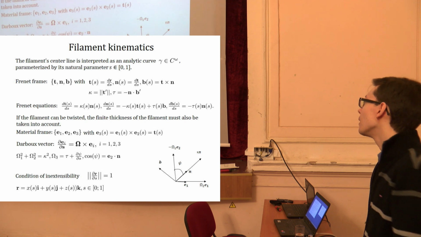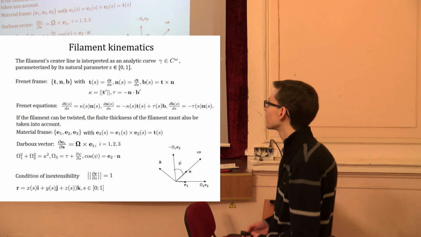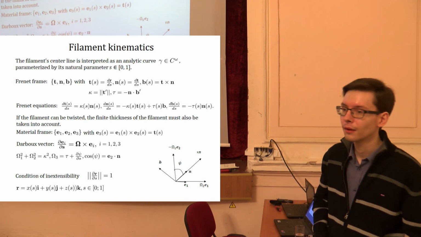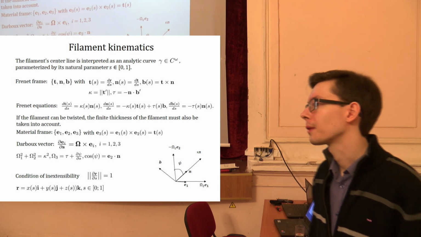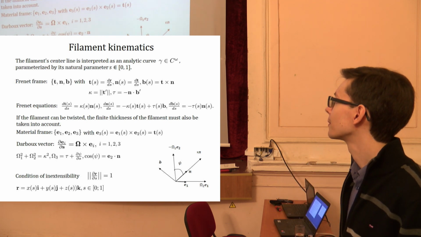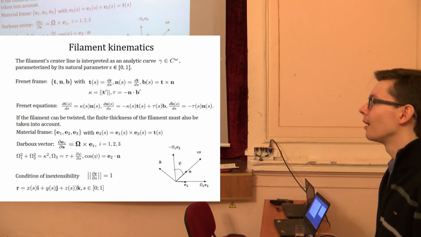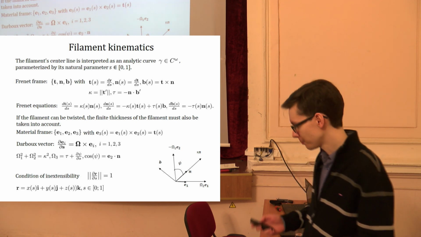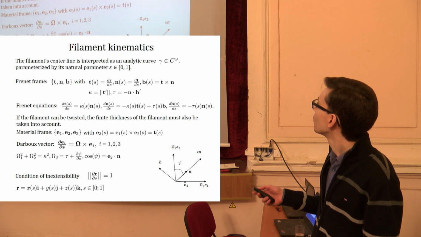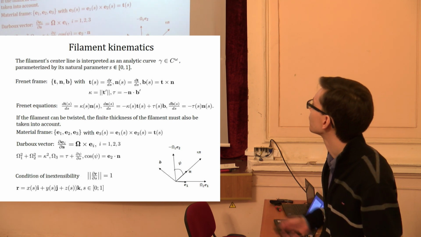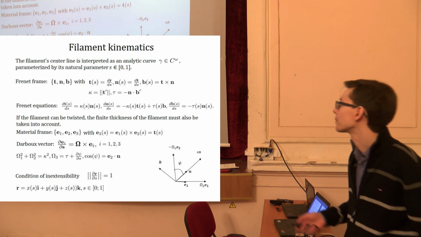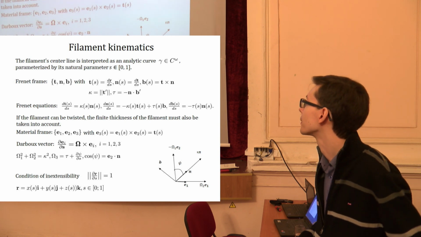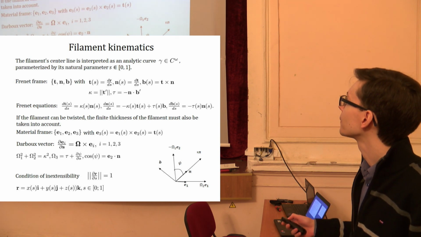And then, if the filaments can also twist, then there is a further complication. We have to take into account the fact that in the real world they're not infinitely thin. And so, in order to do that, we introduce the so-called material frame, which can be related using the double vector, effectively the manifestation of the rotation operator operating on these basis vectors.